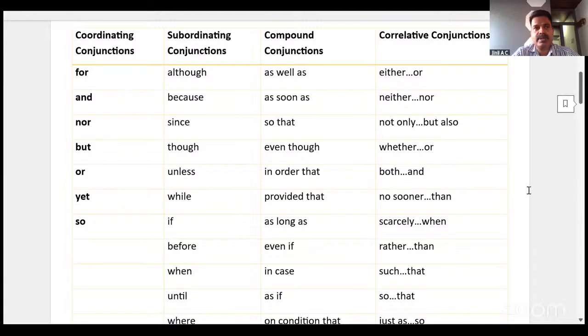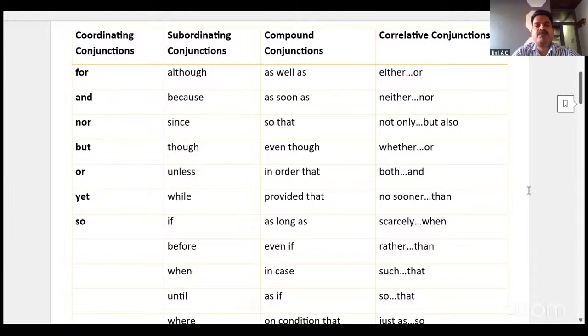For, and, not, nor, but, or, yet, so. So can you just connect the first letters of all those words? What are the first letters of all those words? Fanboys. Okay, you can remember it like that.